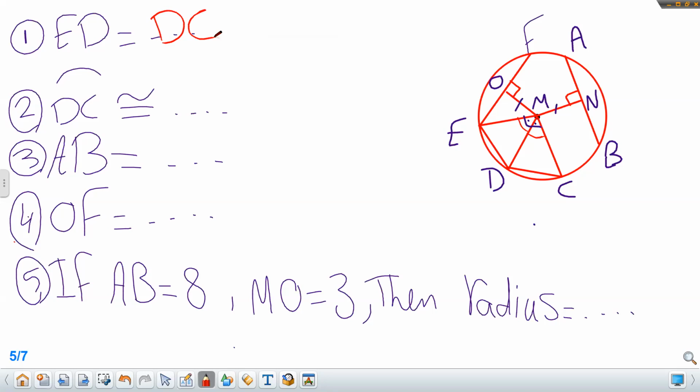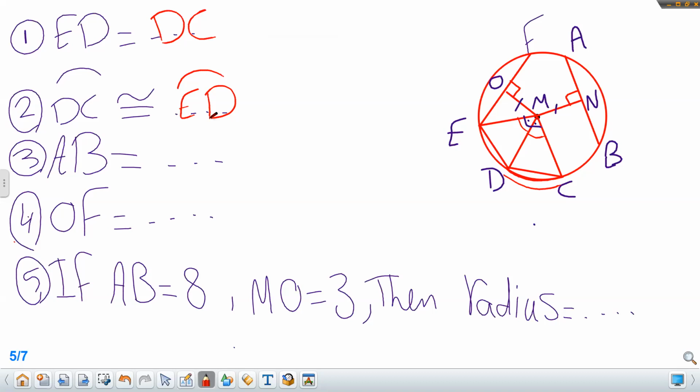And arc DC is congruent to what? Yes, congruent to arc ED, because they have two congruent central angles. Number 3, AB equals what?